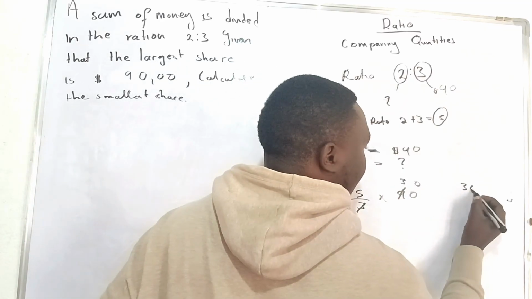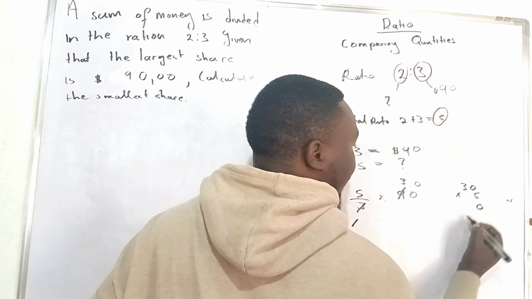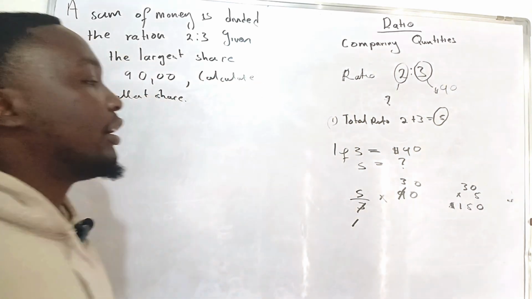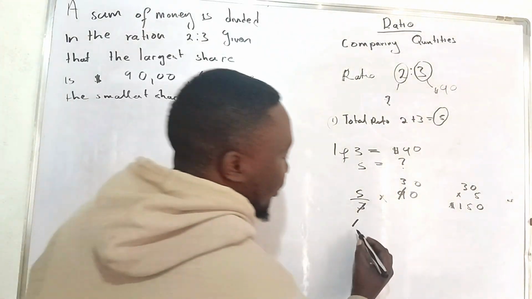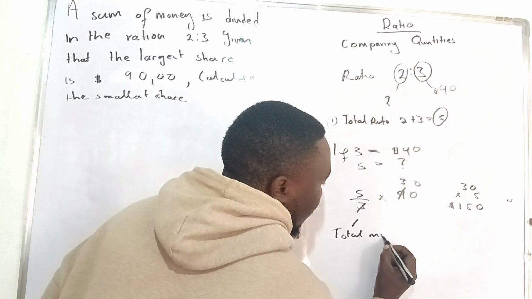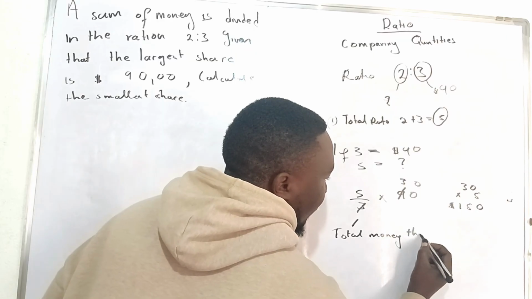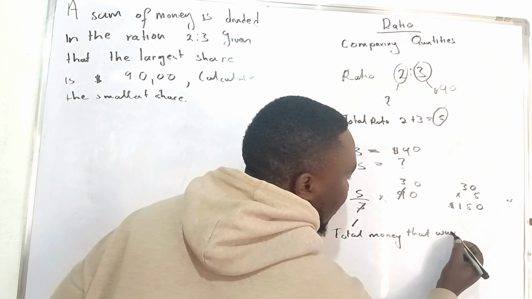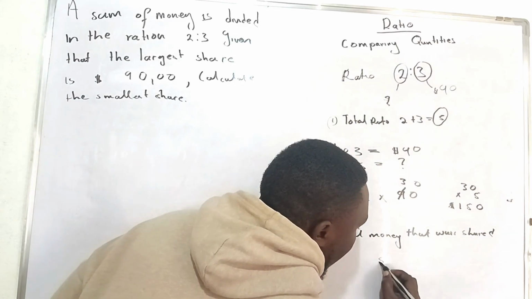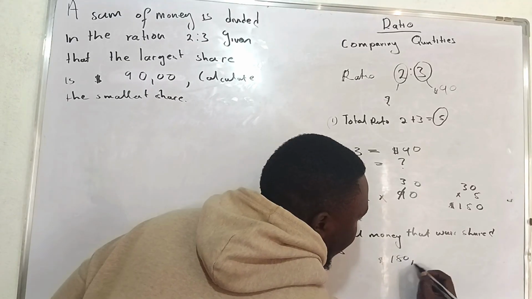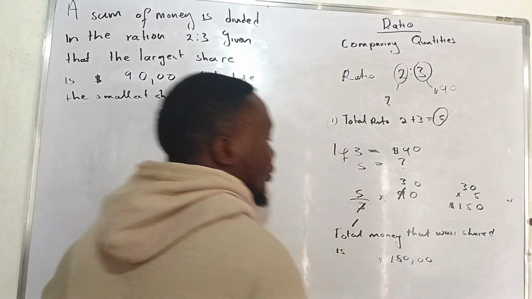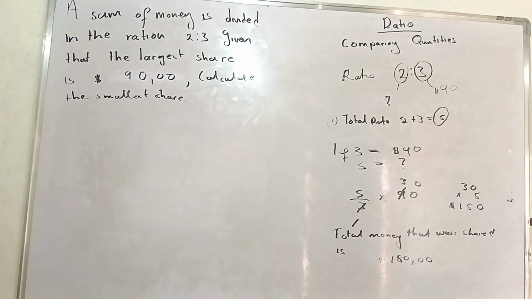So we're going to have 30 multiplied by 5, which is 150. So the total money that was shared is $150. That's the total money that was shared.